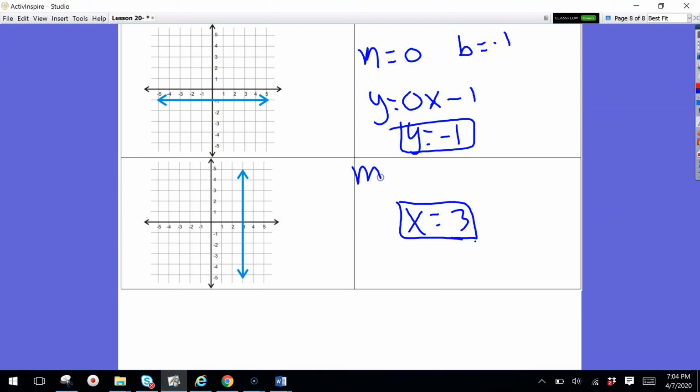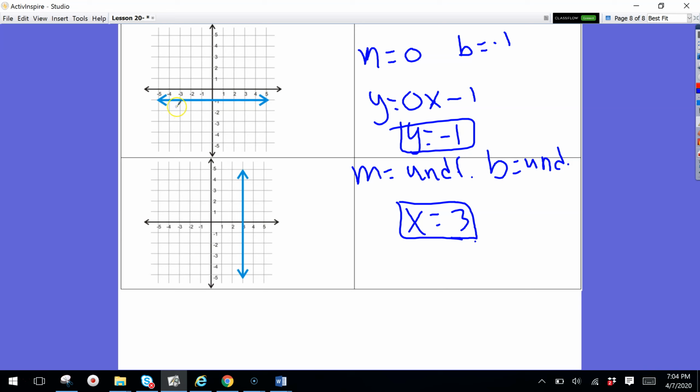My slope is undefined. That's like writing the answer is I don't know. That doesn't tell me much. I want an equation that describes this. My y-intercept is also undefined because it doesn't touch the y-axis, and that doesn't give me much. So the only thing I can say is that x is equal to 3. Again, because it's not a function, this one's the oddball out.